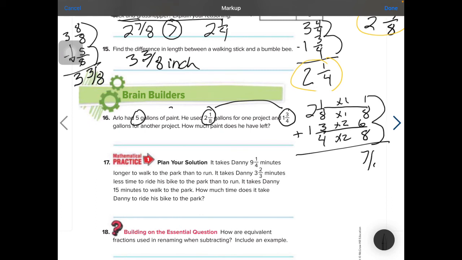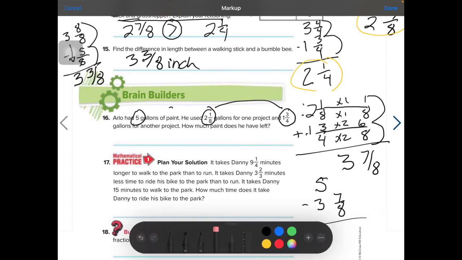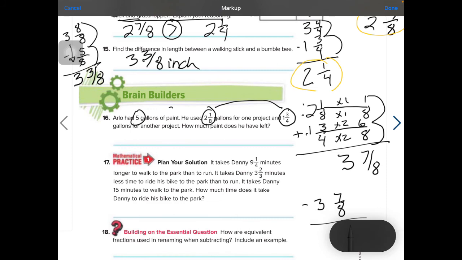Okay, now we can add them. So 1 plus 6 is 7/8. And then 2 plus 1 is 3. Now we need to take the 5 gallons and subtract 3 7/8. But it looks like I need to rename that. So let's take the 5 and rename it as 4 8/8.